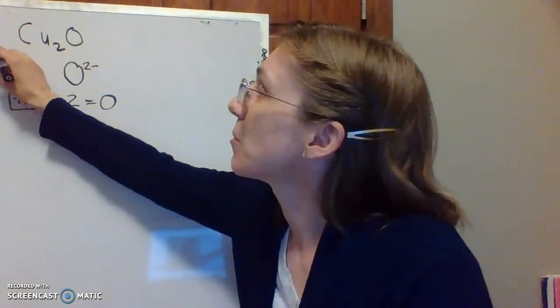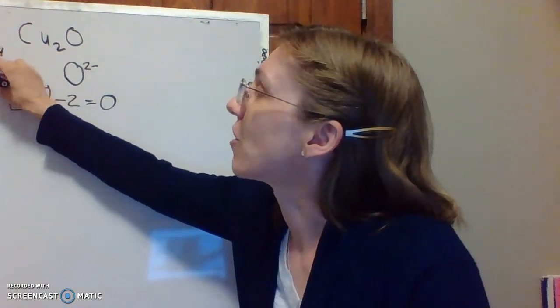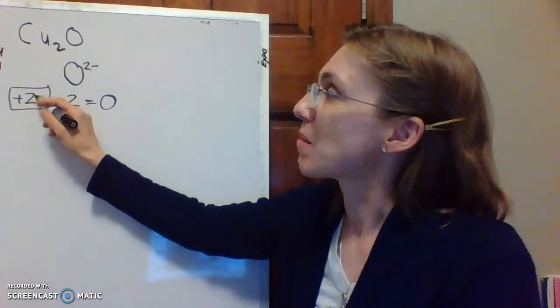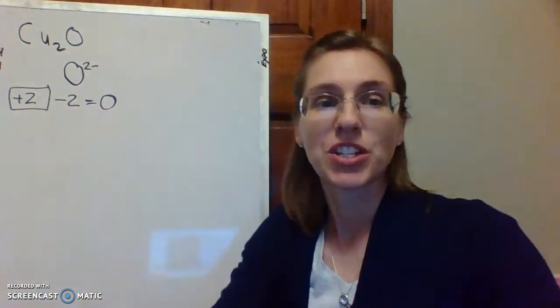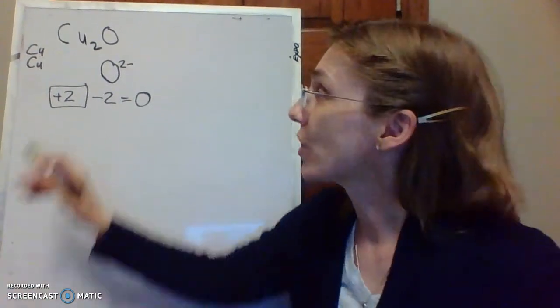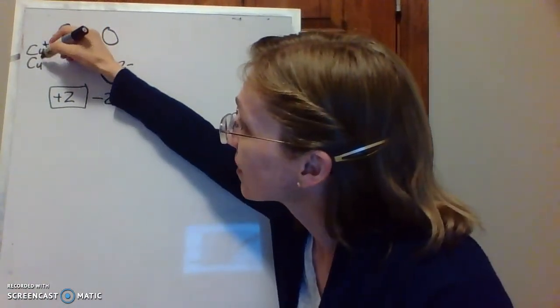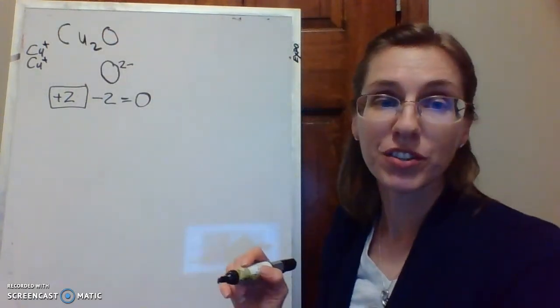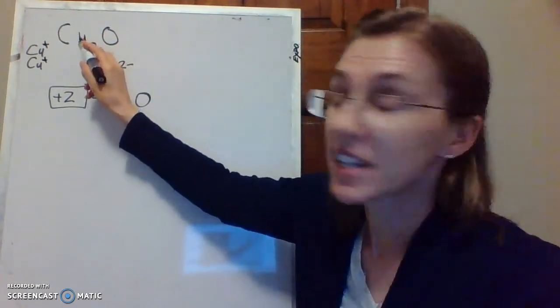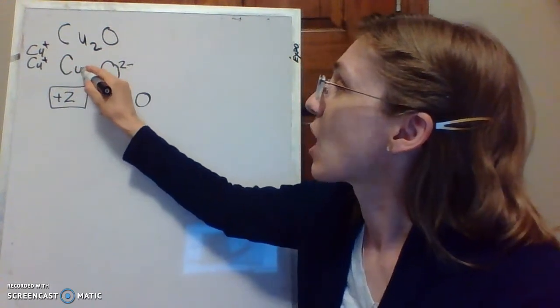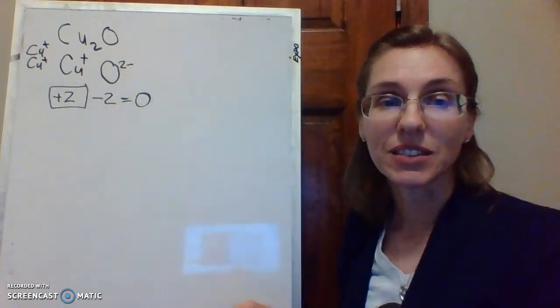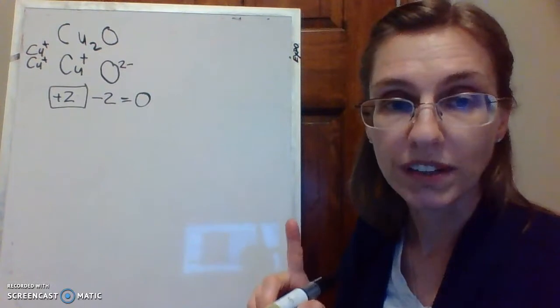But we have two coppers here. If it helps you to draw it out, copper and copper. That +2 has to be shared over the two coppers, which means each copper gets a single plus charge. So the copper that's here is actually copper +1.